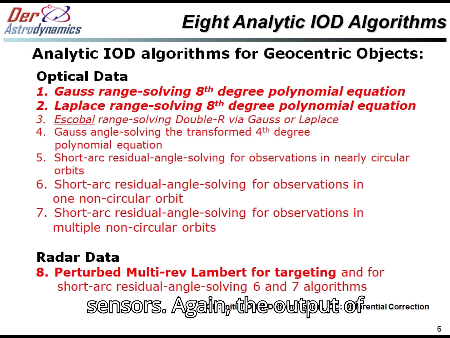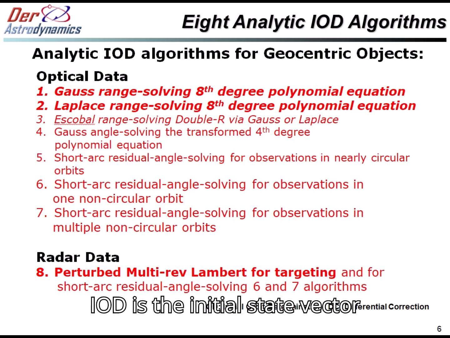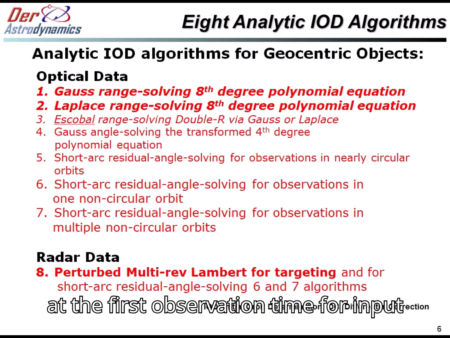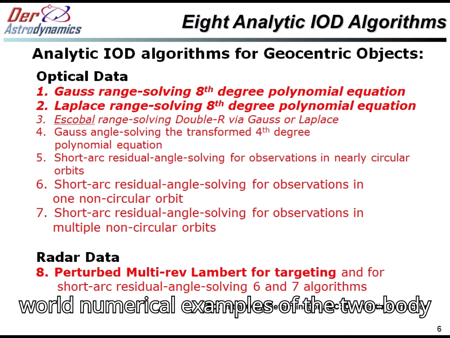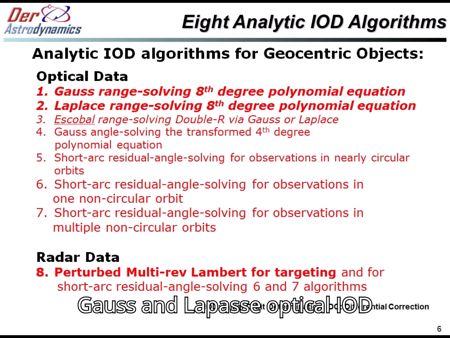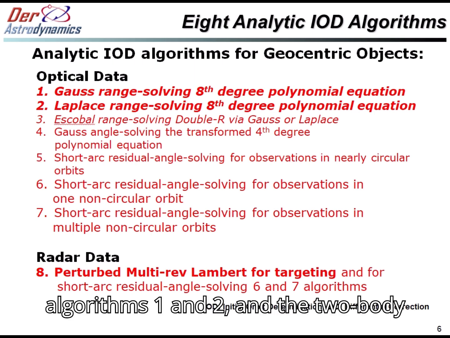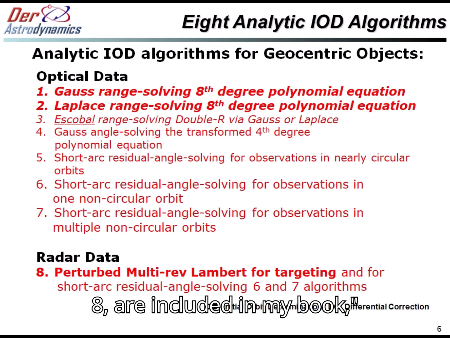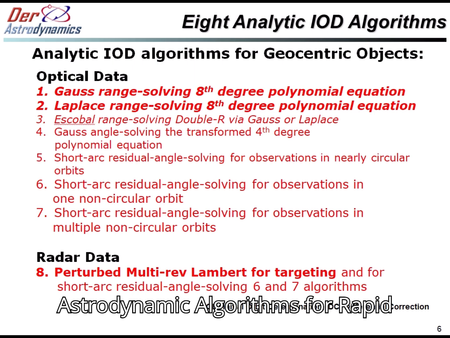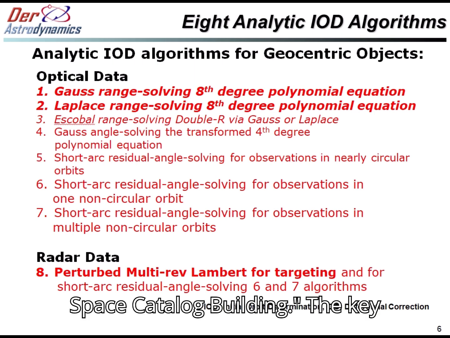Again, the output of IOD is the initial state vector at the first observation time for input to DC. Source codes and real-world numerical examples of the two-body Gauss and Laplace optical IOD algorithms 1 and 2 and the two-body multi-web Lambert or radar IOD algorithm 8 are included in my book, Astrodynamic Algorithms for Rapid Space Catalog Building.